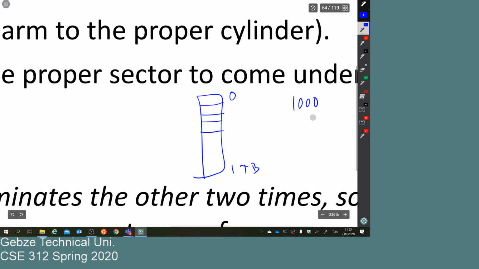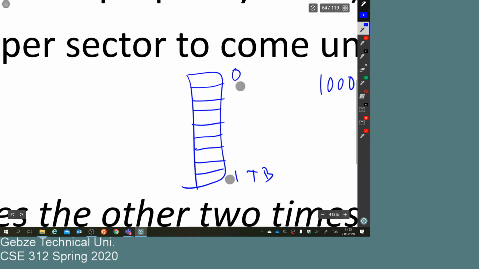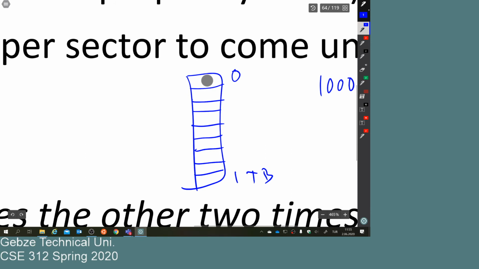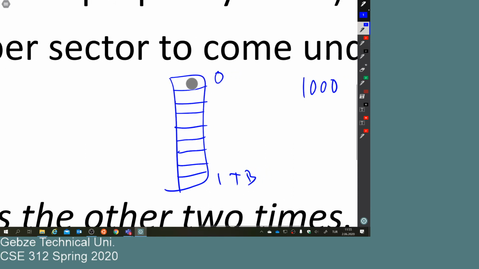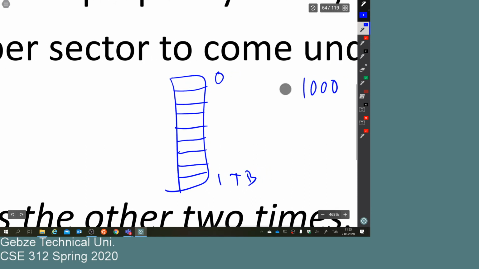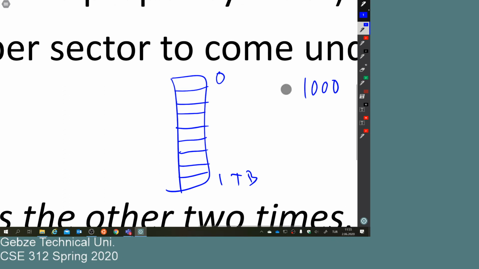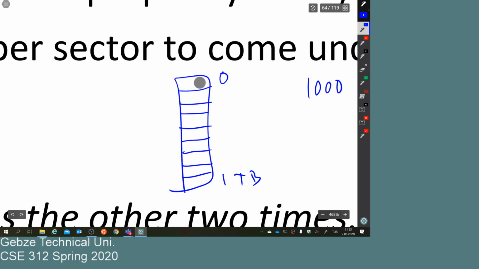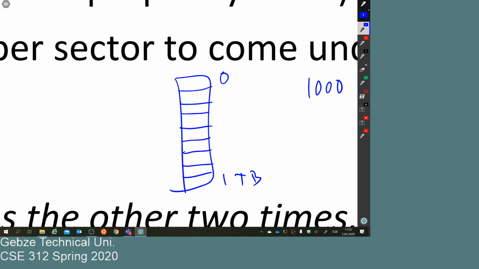More than 1,000 times, the SSD starts wearing out. So if I am writing and reading from this position, I can do that only at most 1,000 times. After that, this place of the SSD starts wearing out and it will malfunction.